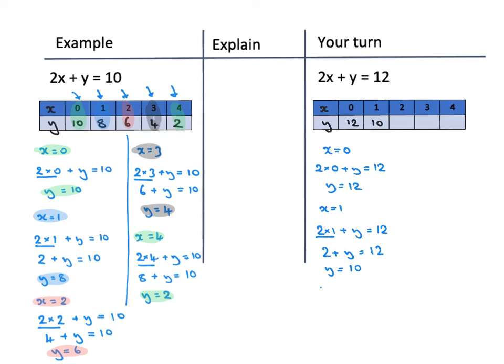Next up, x equals 2. So 2 multiplied by 2, add y equals 12. 2 multiplied by 2 is 4, so it's 4 add y equals 12. By inspection, we can see that means that y equals 8.